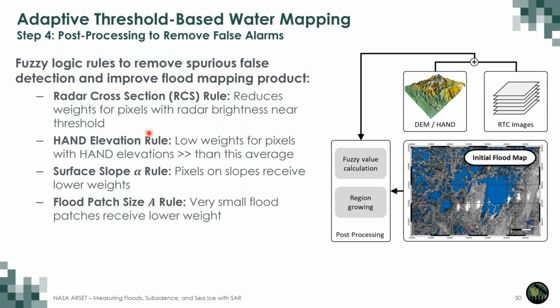So if we have flood detections in areas where the surface slope is very steep, we also doubt a little bit that this is a correctly classified pixel. So we have a few of those rules that we put in place to clean up our original detections. And these rules work pretty well.